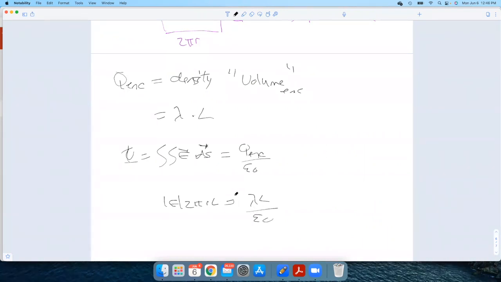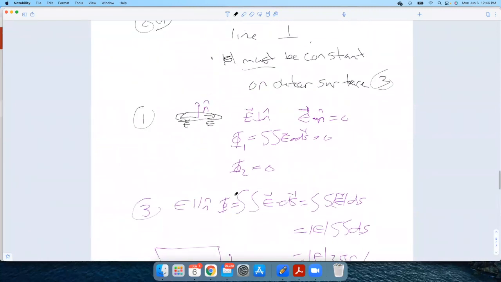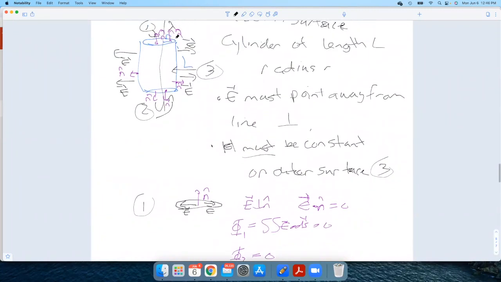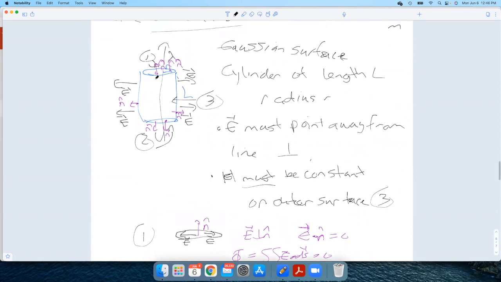Notice the L cancels out. It has to. The L I made up was arbitrary, just to draw this Gaussian surface. The L can't possibly appear in my answer. The electric field at some point in space should not depend on how big I decided to draw my cylinder up and down.